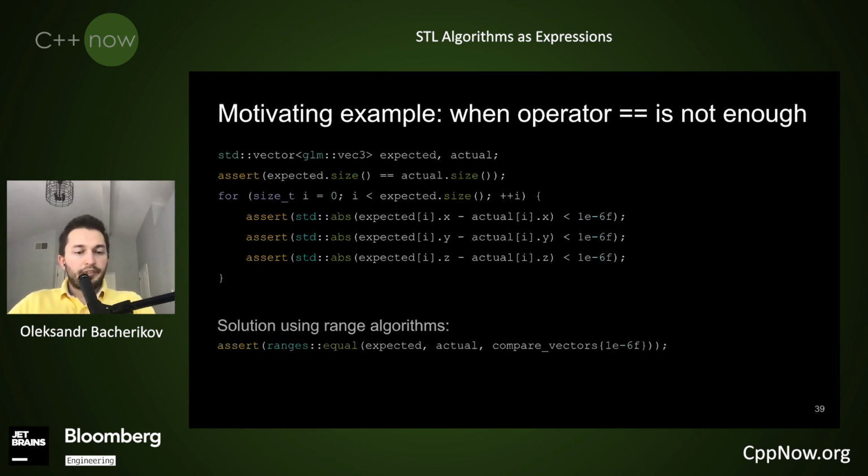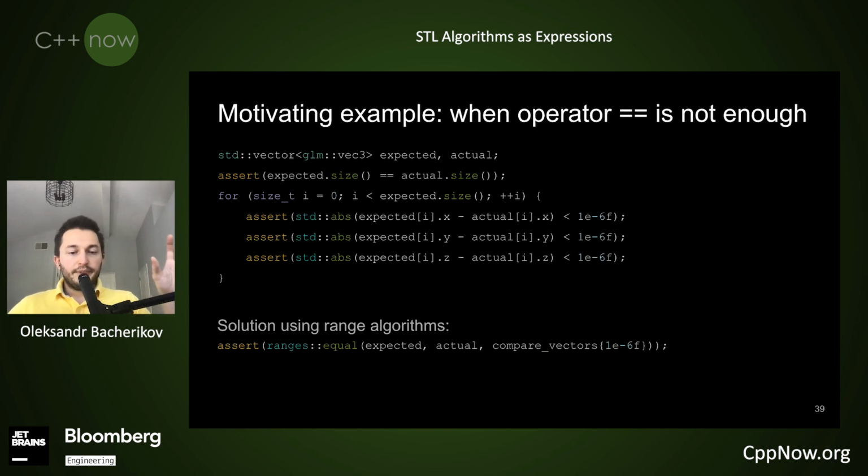And we can simplify it a bit using range algorithms. But for that, we need to first implement this compare vectors function that actually compares our GLM vectors with the given threshold. So this looks better, but still this code doesn't exactly express the intent that I have.